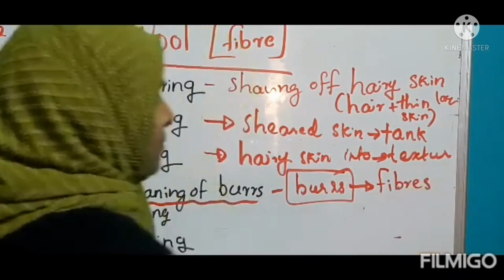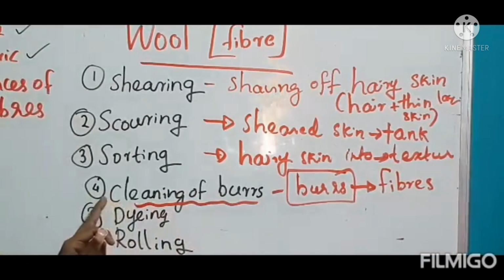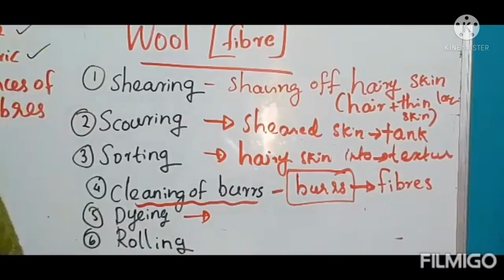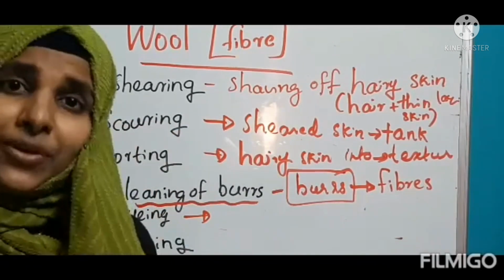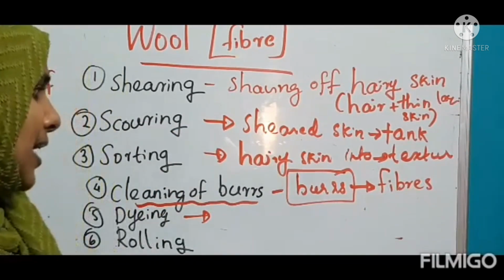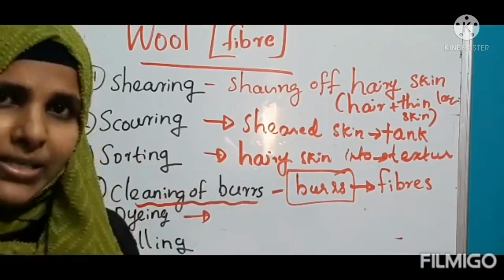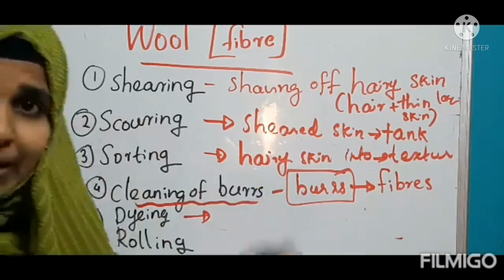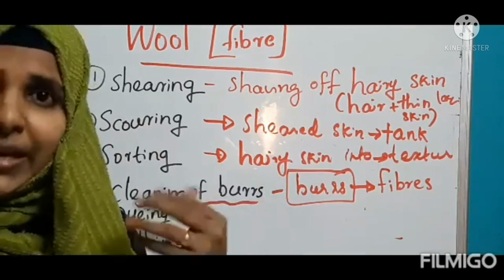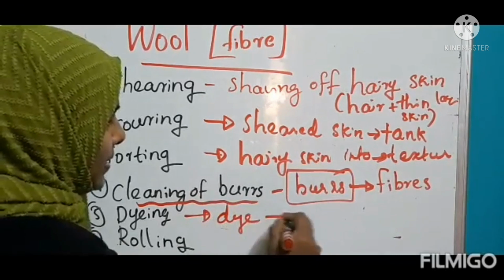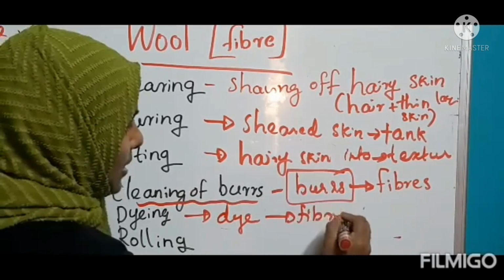Okay, cleaned fibers we will get from the 4th process. Then after that, dyeing. Actually sheep are brown, black or white in color. If you want to dye any color, we are using the dye for these fibers.